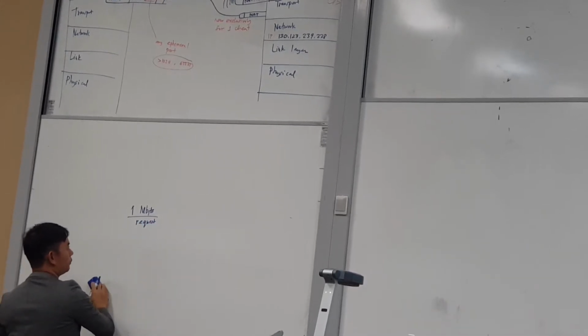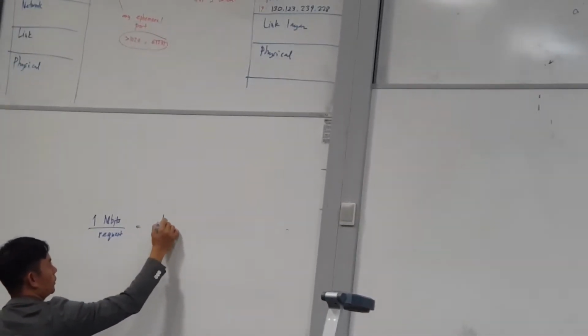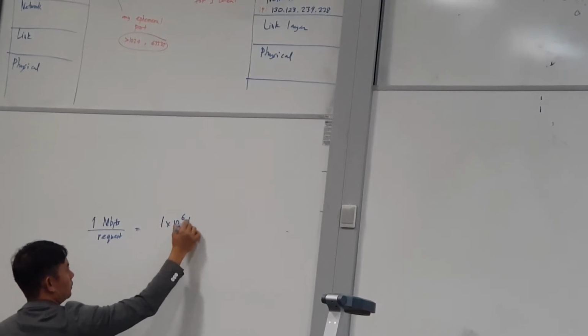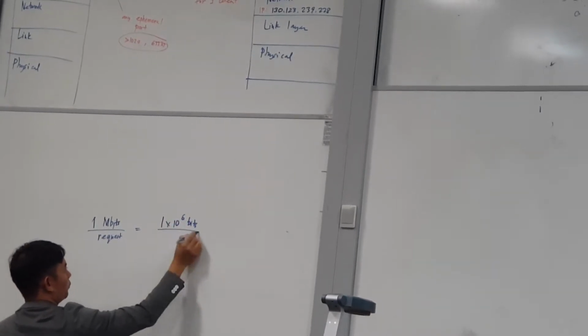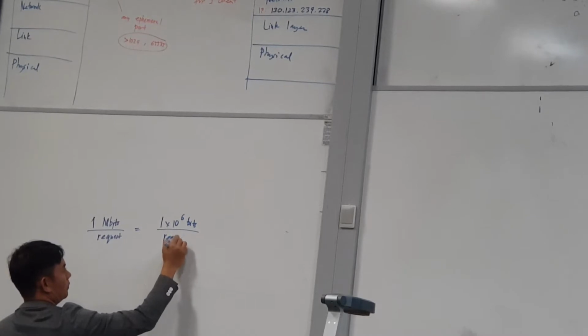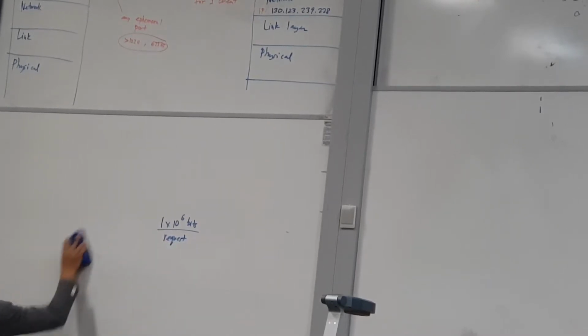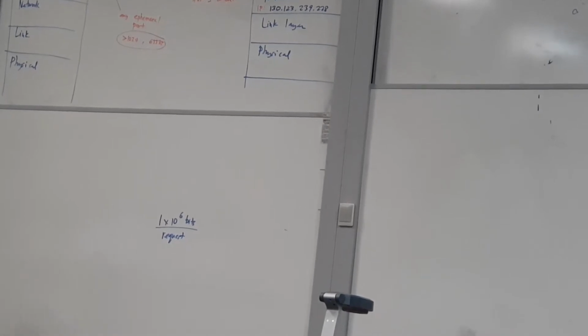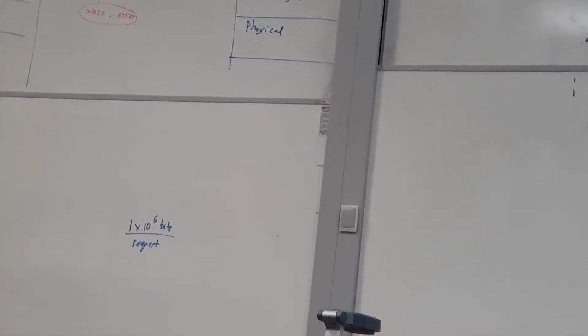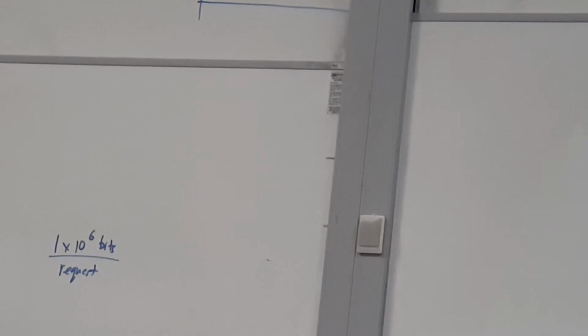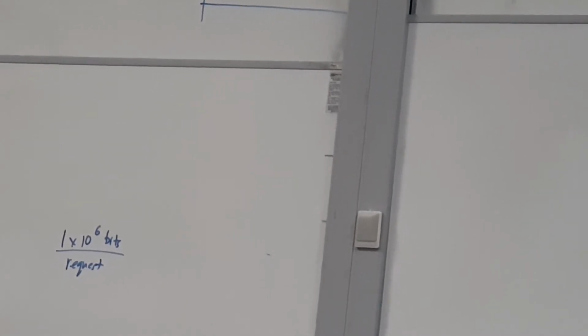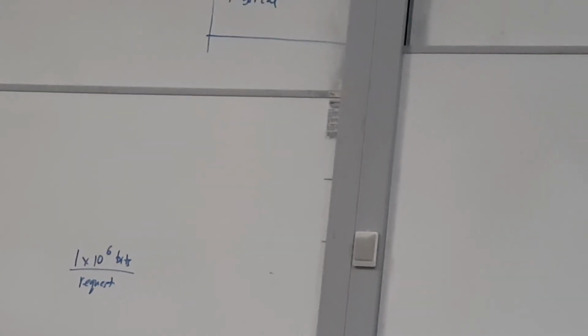One megabit, we can write it as 1 times 10 to the 6 bits per request. That's the average object size, and we're also given that the average request rate coming from these clients is 15 requests per second.